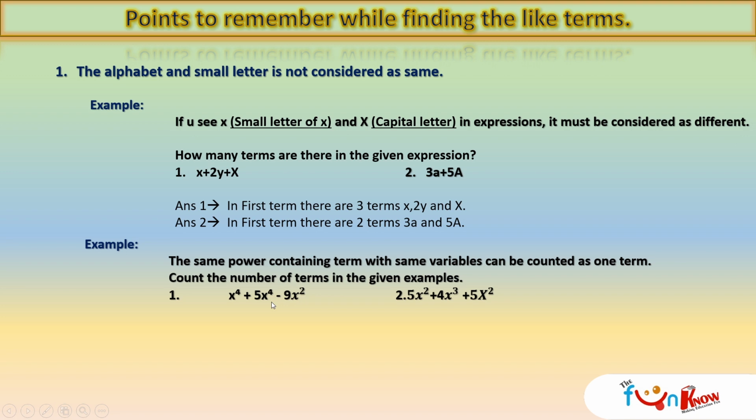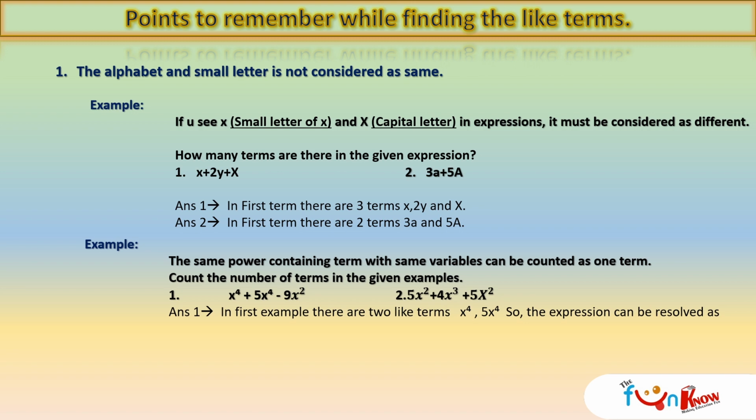So as per the point which is given to us, we can say that these two terms can be considered as one term, or we can count these two terms as one term. Let us see how you will count these two terms as one term in an expression. As you can see, if there is nothing, that means we consider it as 1, right? So in the example, we can consider this as 1, and you will just add 1x raised to 4.